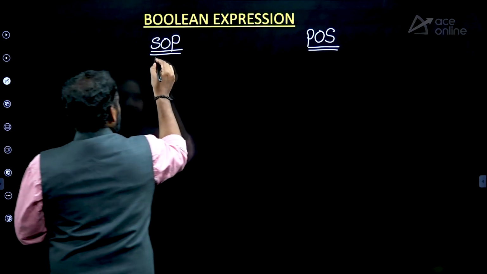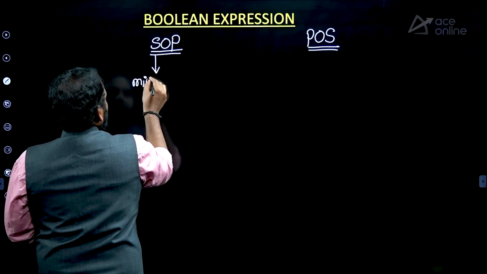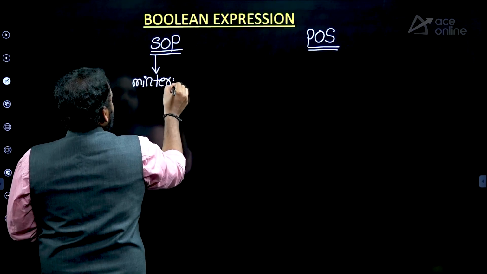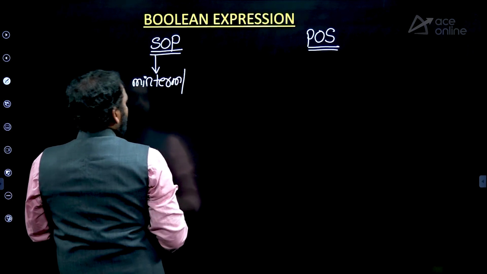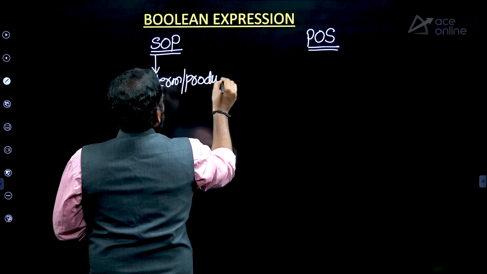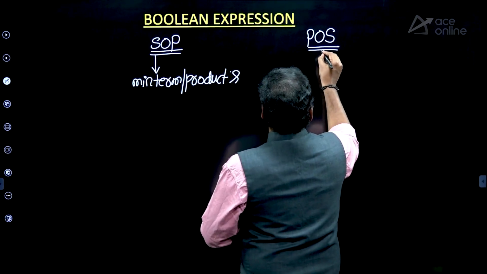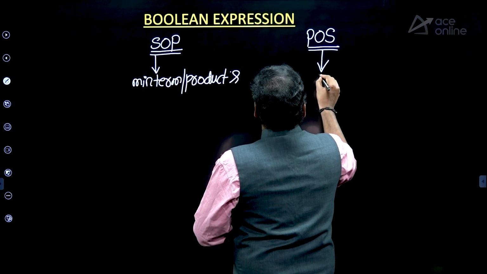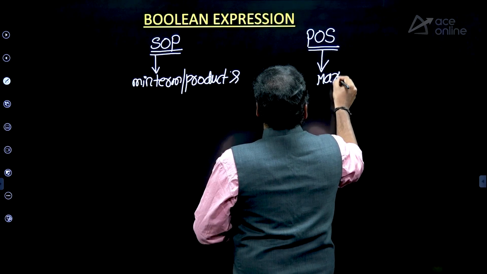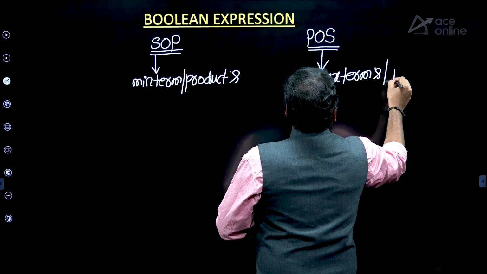In an SOP function, we can have minterms. Minterms are also called product terms. POS is a function which consists of max terms, and summations.